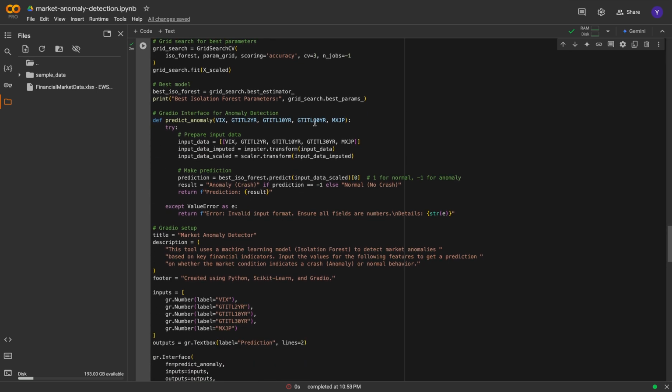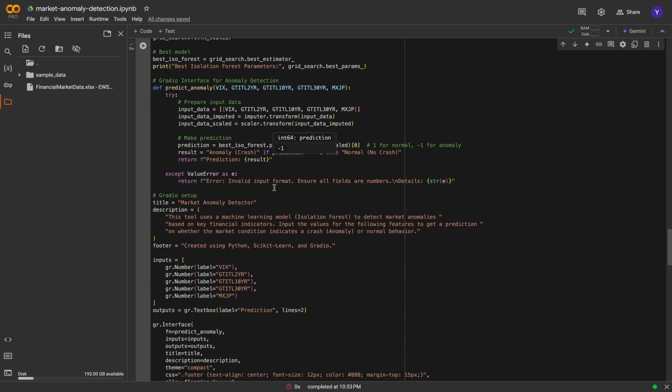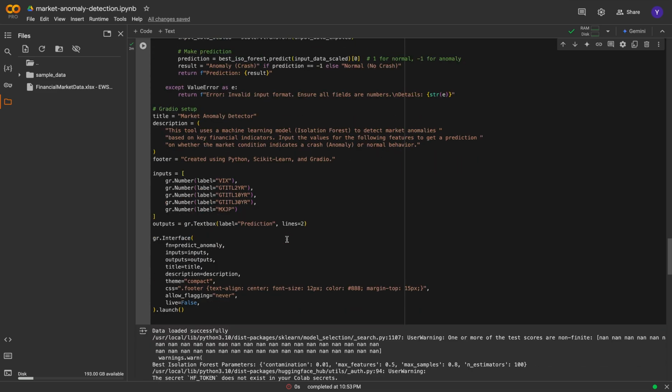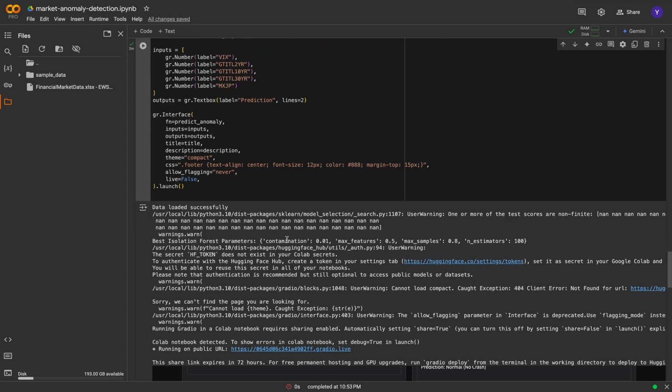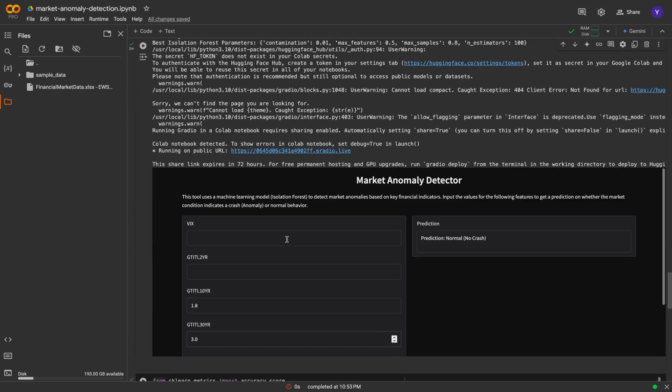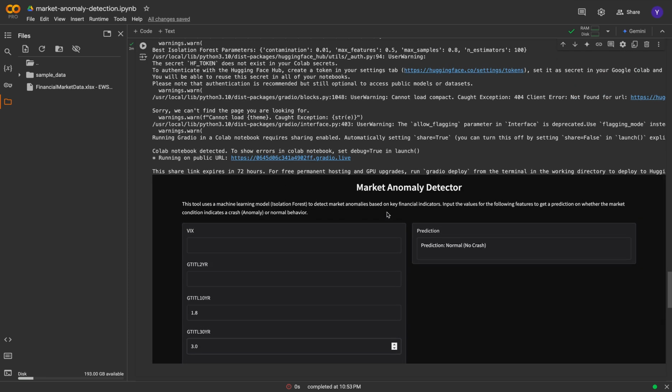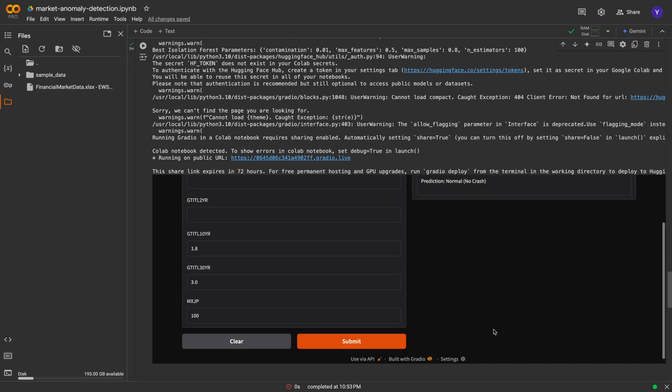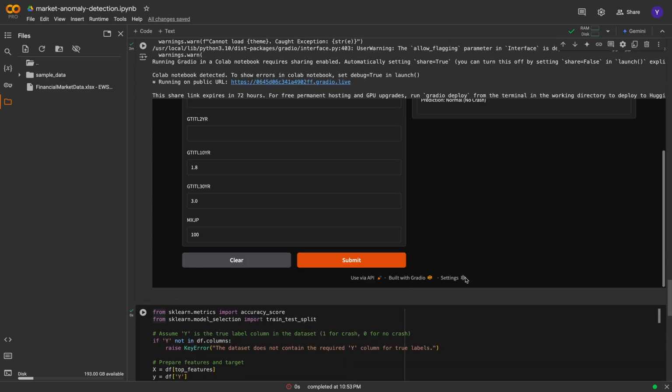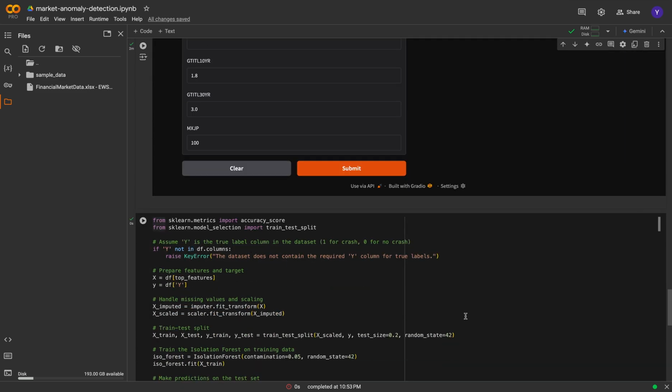And then I also used the Gradio interface and set it up. So that was that, and this is my program, the market anomaly detector. I'll test it in a bit, but I'm going to continue with my code.